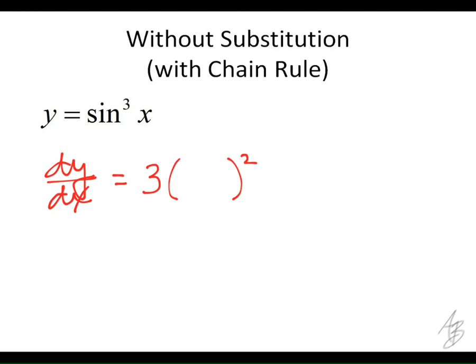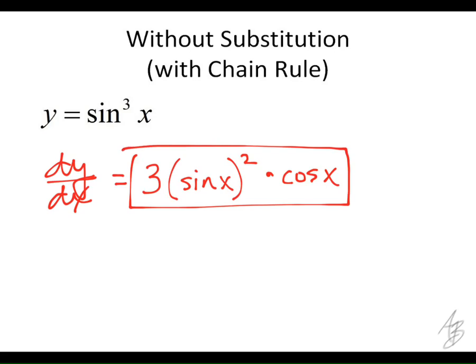Sine of x. The sine of x was our baby function, right? You guys understand what I mean by mother and baby functions? I will probably, for the rest of the year, refer to them as mother and baby functions, so get used to it. Times the derivative of the baby. What is the derivative of sine of x? Cosine of x. And then just clean it up a little bit, and it looks exactly the same as we had when we did the substitution.